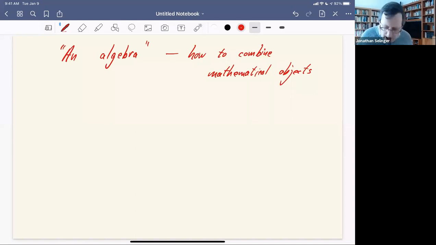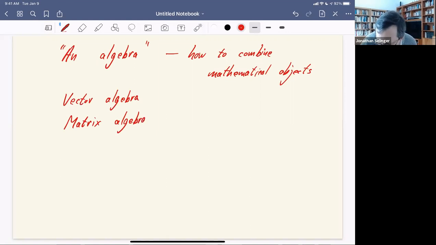And so, at various points, as students, you've learned about vector algebra, right? How to combine vectors with dot products, cross products, things like that, right? Or you learn matrix algebra, about how to combine matrices. So here, what I'm showing you could be called operator algebra. How to combine operators.